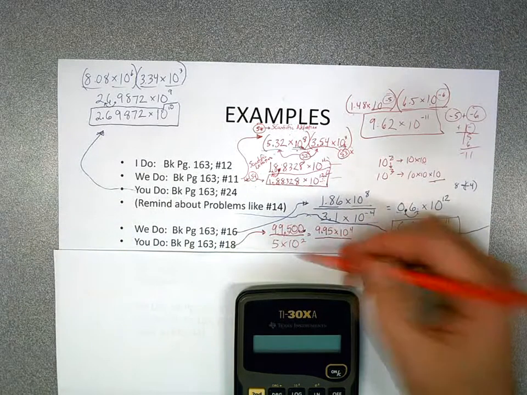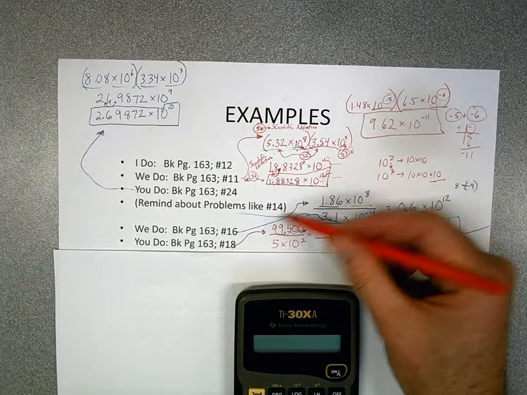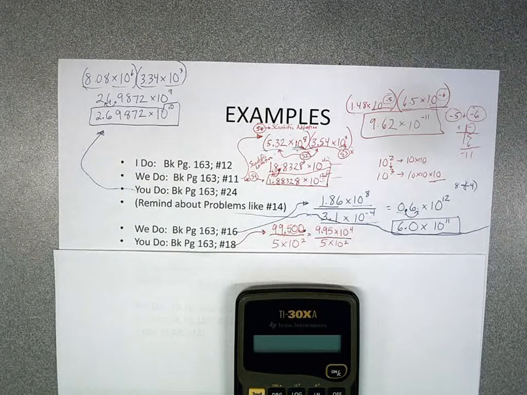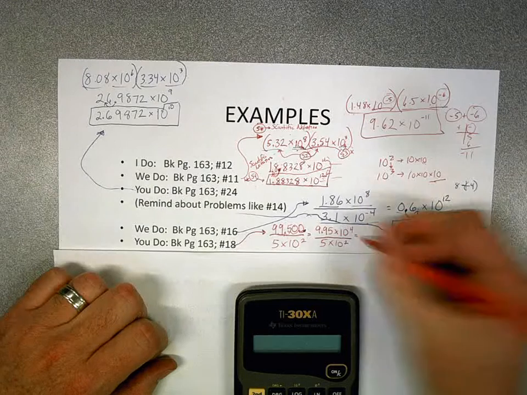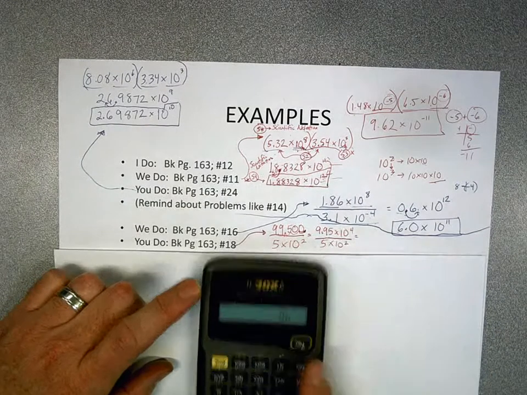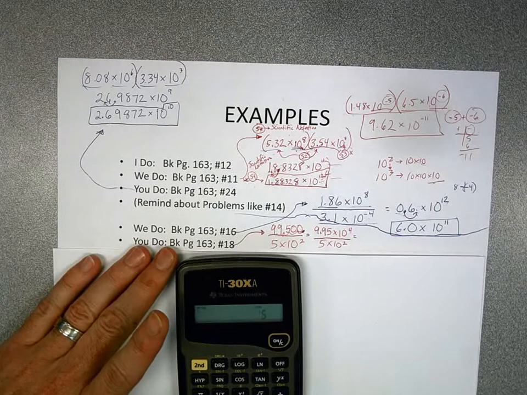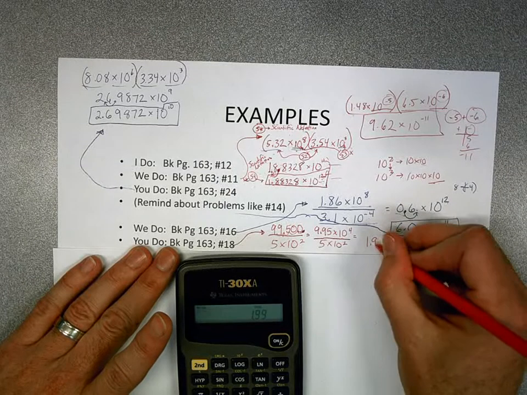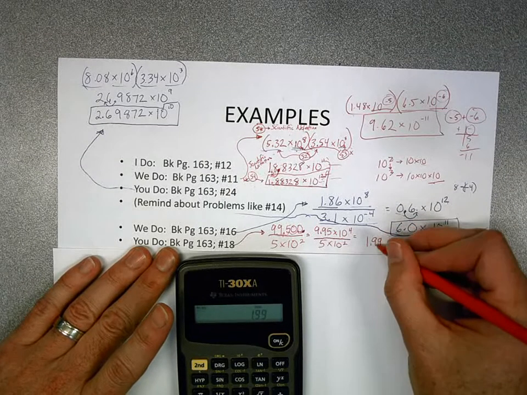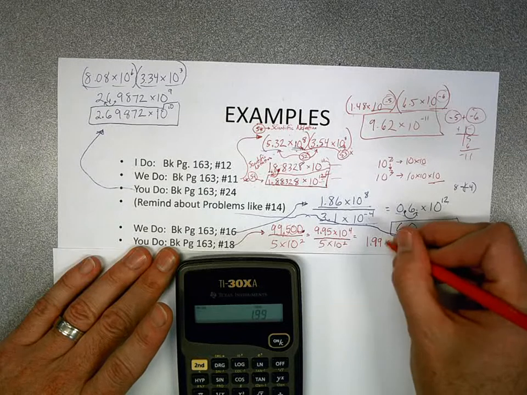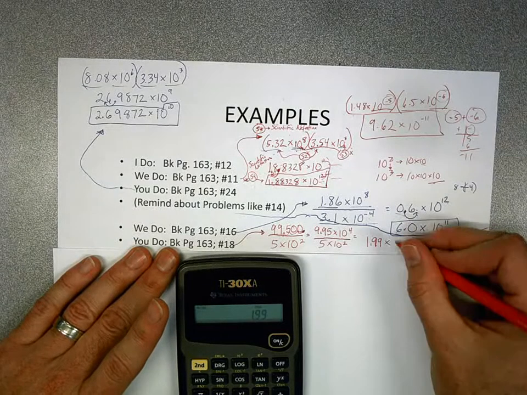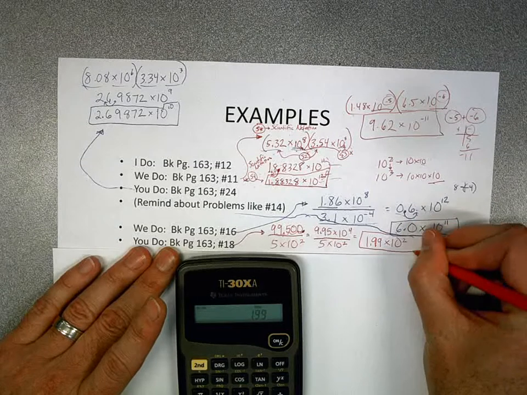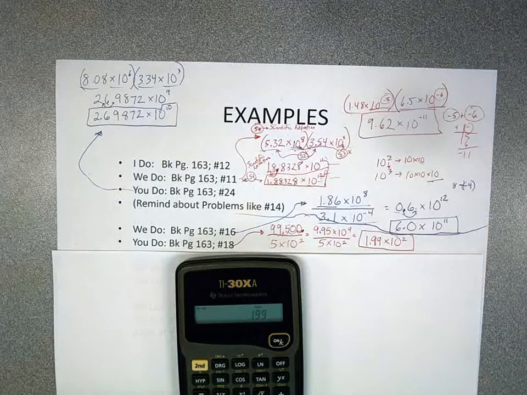It's positive 4 because the original number is larger. So now they're both in scientific notation. Now I can go ahead and finish off the rest of this. So we have 9.95 divided by 5 equals 1.99. All right, that's already in scientific notation. Times, and now I take a look, 4 minus 2 is 2. 1.99 times 10 to the second.